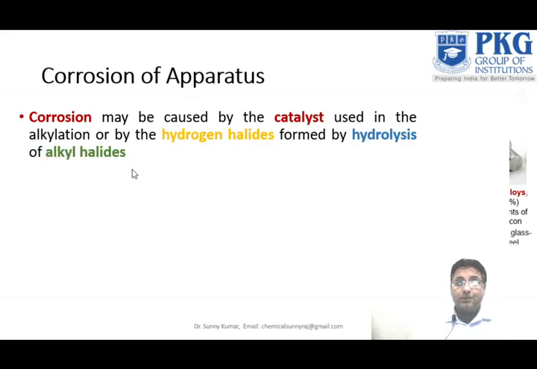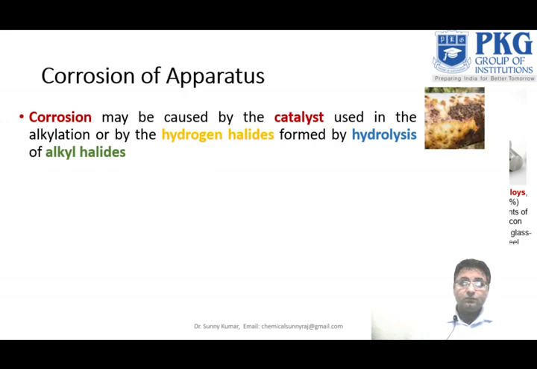It is dependent upon which type of product you are using. The catalyst depends on which type of reaction you want in the alkylation, which type of product or which type of alkylation you want. So that is also important. So this is the corrosion, how the corrosion generally happens to the substance.